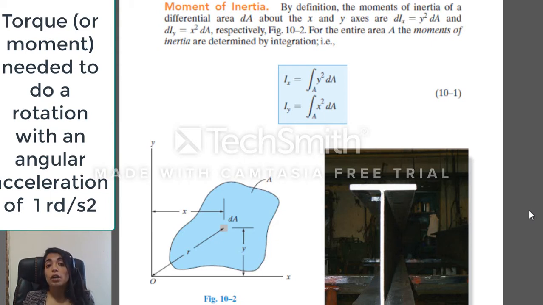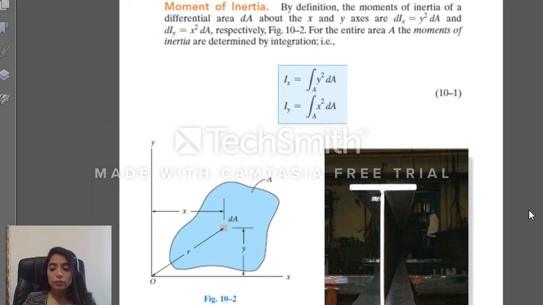So basically, guys, in order to find the normal stress caused by bending, I should know I, because in the equation of sigma bending, you will have I. It is basically My over I. So guys, in order to find this I, I should do an integration. How?